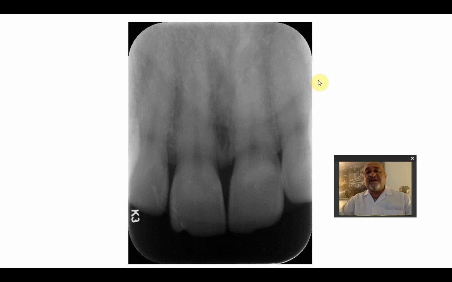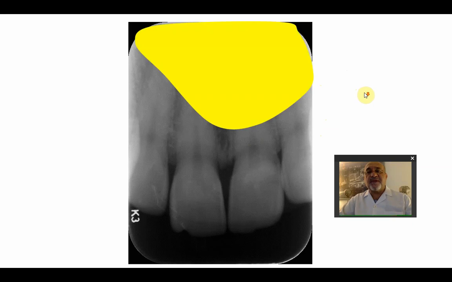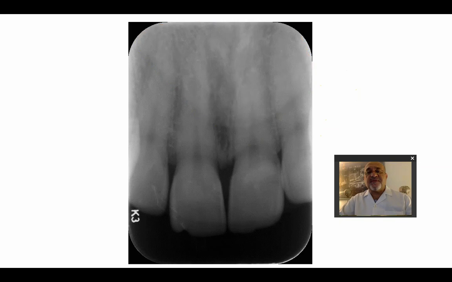As you can see on this radiograph, I want you to have a look at this structure. I'll remove this animated part. Can you see this line over here that crosses the roots?